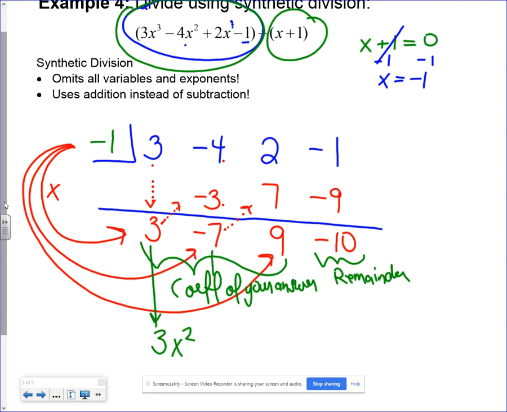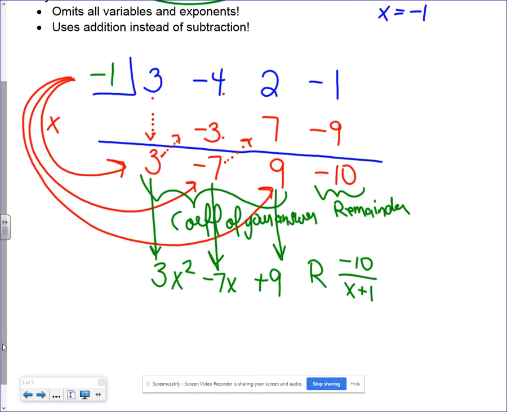Then I'm going to bring the -7 down, and -7 is in the x to the first power. And then I'm going to bring the 9 down. That 9 is positive, so I'll put a +9. And then this last number, the -10, is your remainder. So my remainder is -10 over what I divided by, x plus 1. If you had done long division, this would have been the answer that you got as well.